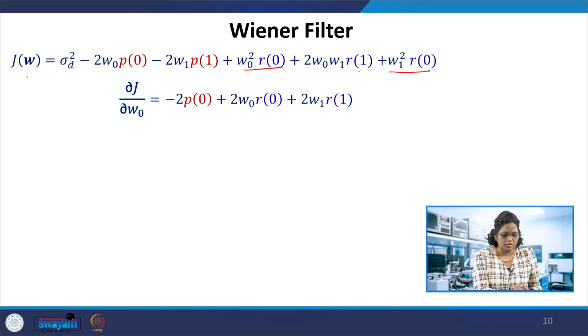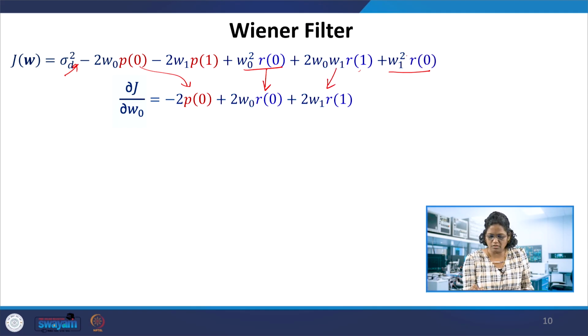So for this cost function, now find the gradient of it with respect to W. For the weight w0, differentiate it, dou J by dou w0, is minus 2 p0 plus 2 w0 r0 plus 2 w1 r1. So here, the terms without w0 become 0, and the terms with w0 exist.